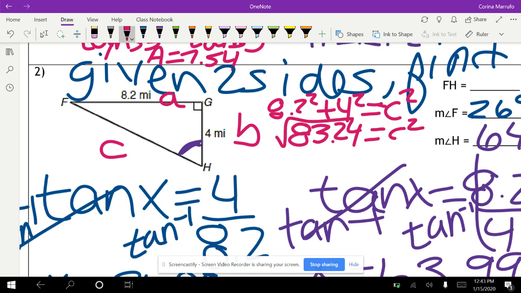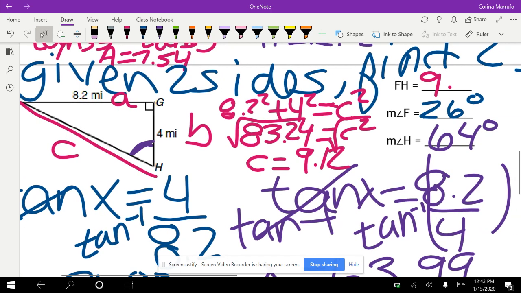We're going to go ahead and take the square root on both sides to solve for our hypotenuse. Square root of 83.24. And that gives us 9.12. So C, which is our hypotenuse, is 9.12. Okay, which is this side right here. So I'm going to go ahead and fill it in. F to H is 9.12.